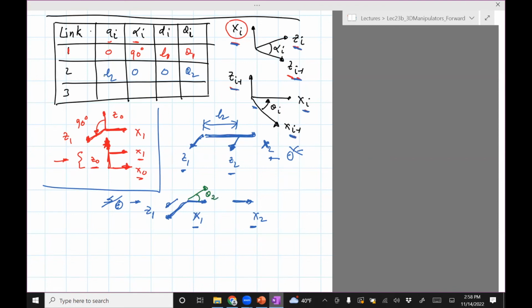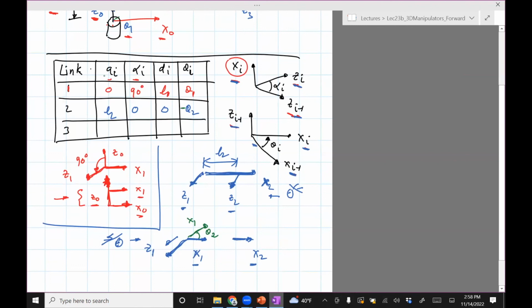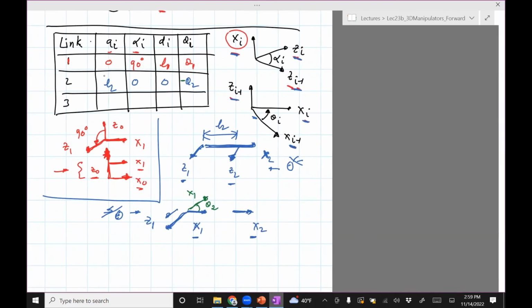This is theta 2. So the angle between X1 and X2 about the axis Z1. Yeah, so you're right. It should be negative, at least the way I've drawn it here. Because in order to turn from X1 to X2, if you curl your fingers from X1 to X2, then the thumb is in the direction of negative Z1. So that should be a negative theta 2.